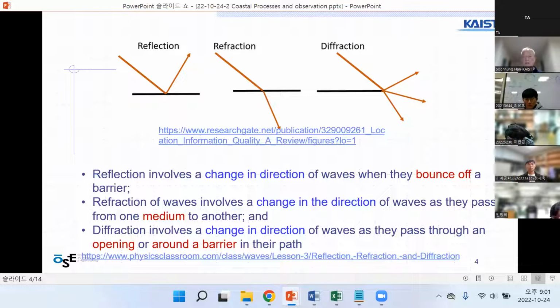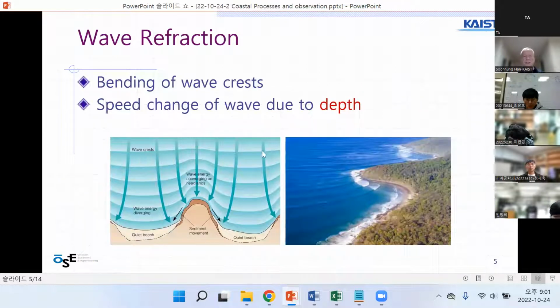And diffraction is because of the opening or rounding of a barrier. See that these are refraction, because of the bending of wave crests, because the water depth is different. So the protruding part acts like a lens that has a focus of wave.